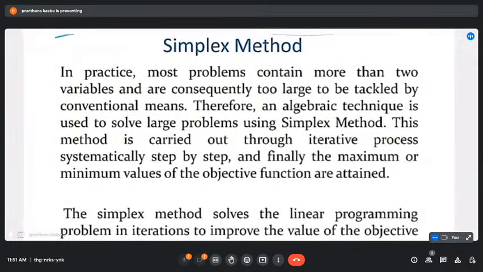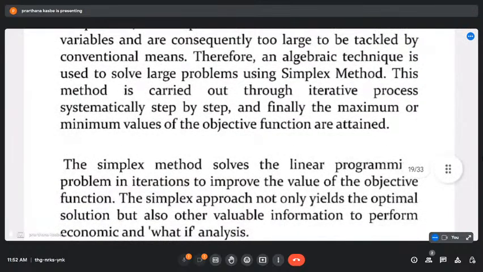Therefore, an algebraic technique is used to solve large problems using the simplex method. This method is carried out through an iterative process, systematically, step by step, and finally the maximum or minimum value of the objective function is attained.